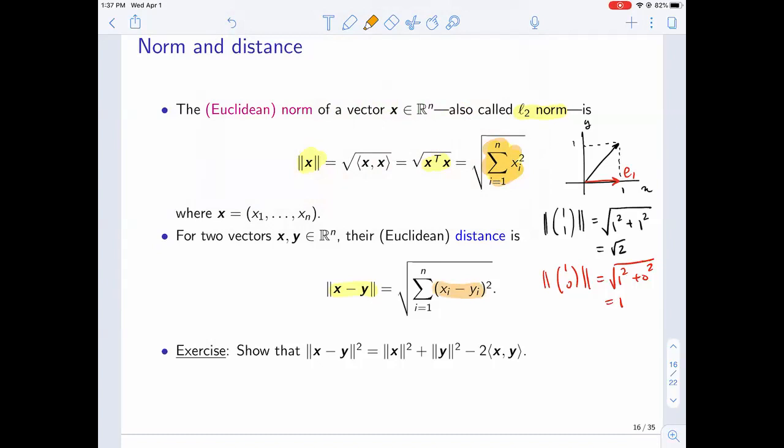So you take that and square it, and then sum these elements, and then take the square root. That would be the definition of the norm, right? So if you compare this with this, you're using the same definition, but applied to x minus y.